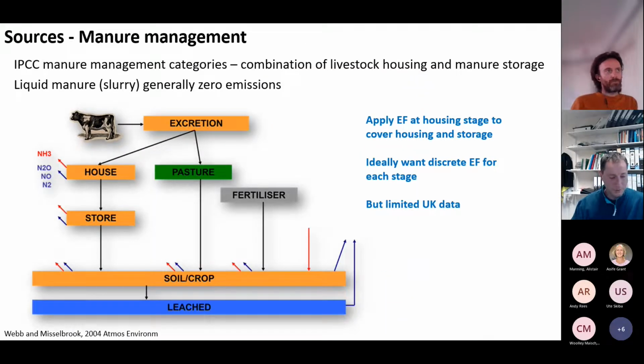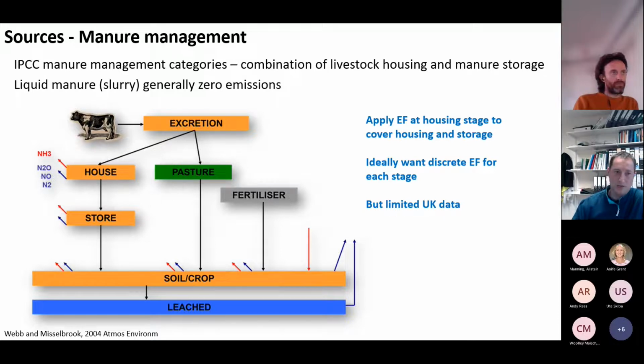So if we go through those different categories that we report on, starting with manure management, this does give us a little bit of a headache in trying to stick with the IPCC methodology and the emission factors that they define. In our model, our combined ammonia and greenhouse gas emission inventory model, we have what we call a nitrogen flow approach.